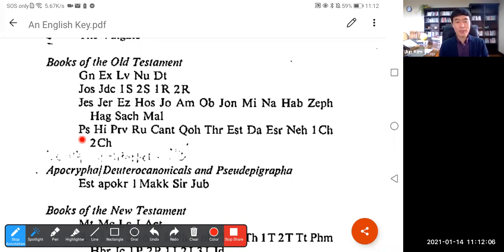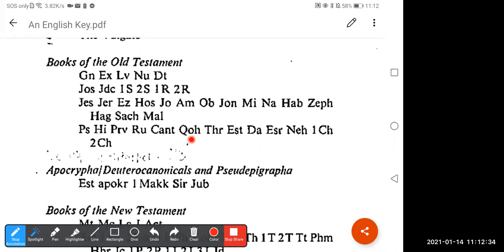And look at this. Psalms is appearing here. But see, that's Ketuvim. What about HI? HI is amazing. It's Job. How come HI can be Job? I don't know. But anyway, Job, Proverbs, Ruth. This one is hard: Song of Solomon. Have you heard Kohelet before?